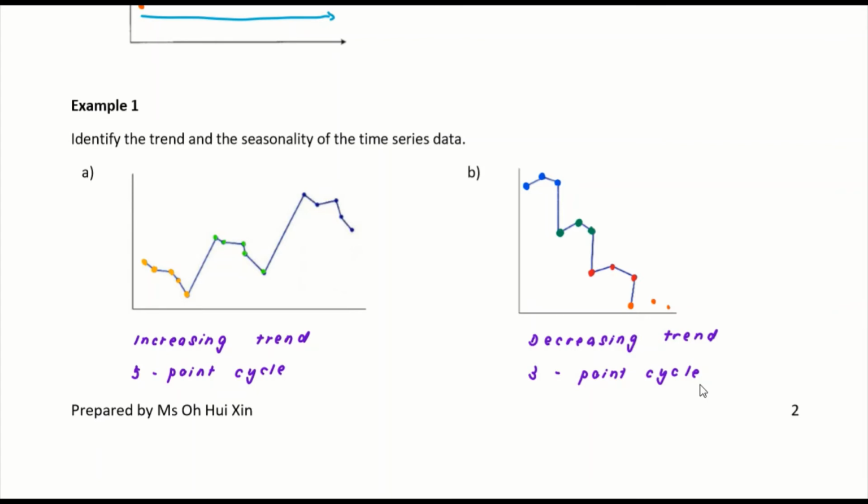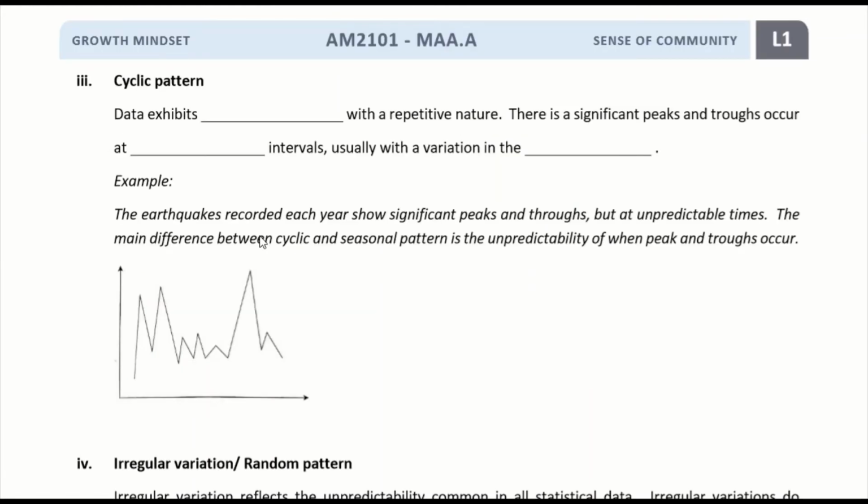Okay, so now let's look at the part for irregular fluctuation. The thing that you need to know is how to identify it only. Okay, so let's move on to the third part. Alright, so the third aspect, we are going to talk about a cyclic pattern. Just to remind you again, like what I said, aspects 1 and 2 are much more important because that's the thing that we can do further analysis on.